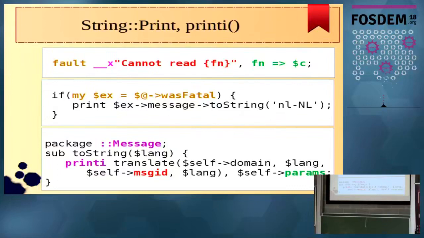The string print is my version. It contains a print I, print interpolated, and the toString calls translate. The message ID is the string, and then some extra parameters which have to be filled in. So message interpolated, print I, gets the parameters and the translated version of the string. I hope it's not going too fast for you.